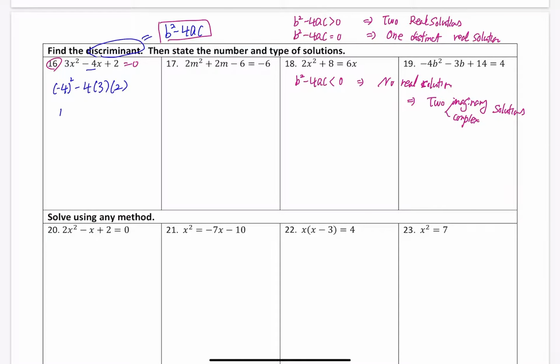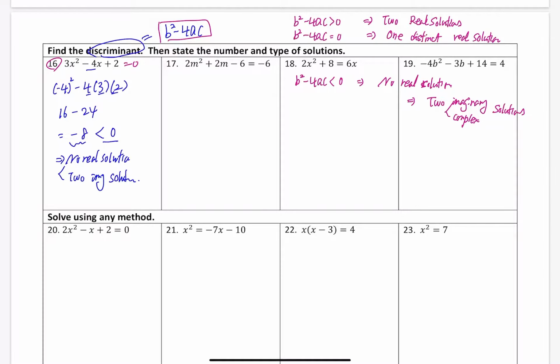Parentheses negative 4 squared is 16 minus 4 times 3 times 2, 24. 16 minus 24 is negative 8. Negative 8 is less than 0, right? So the discriminant is less than 0. No real solution, or two imaginary solutions.